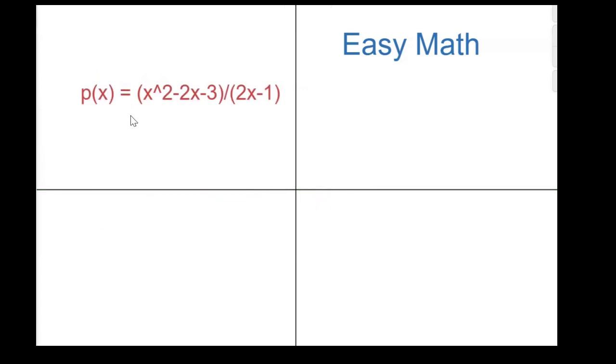Next, this is P(x). P(x) equals x squared minus 2x minus 3 over 2x minus 1. We want to know how the graph changes under the same denominator, 2x minus 1. I just change the numerator and set a parameter: y equals a times x squared minus 2x minus 3 over 2x minus 1.